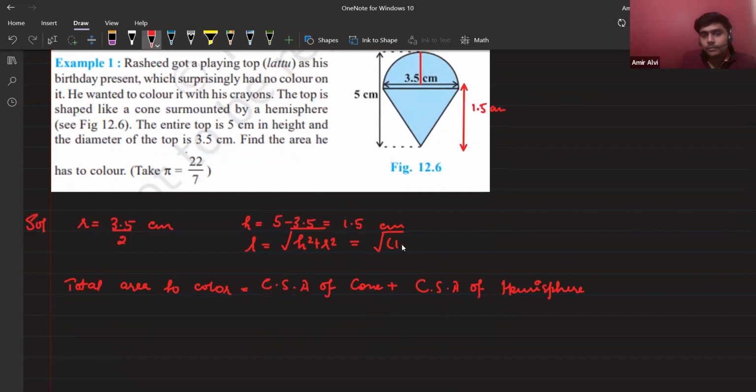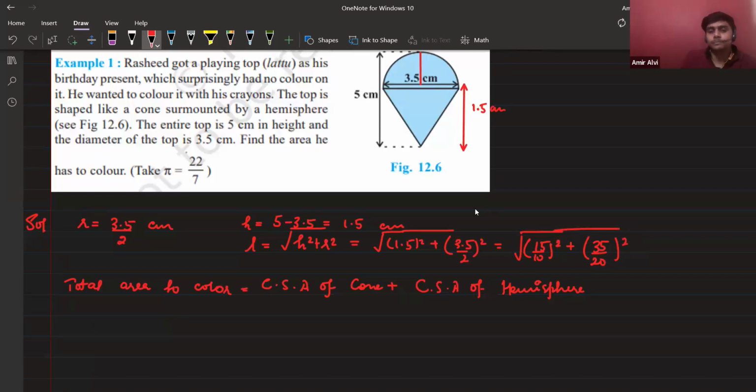So put the values here. H is 1.5 square plus 3.5 by 2 square. So this is equal to, can I write 1.5 as 15 by 10 square plus 3.5 as 35 by 20, because 2 into 10 will be 20, square.